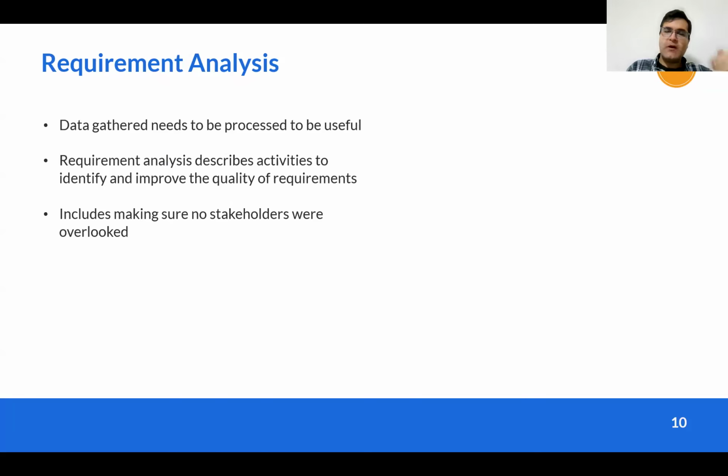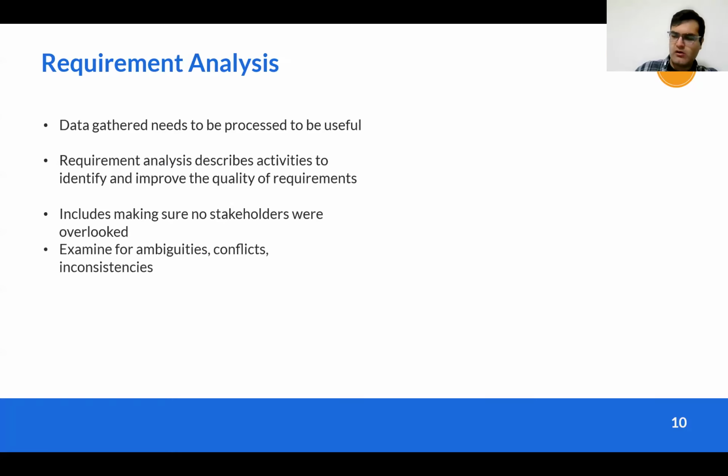Requirement analysis also makes sure that you haven't overlooked any stakeholders, right? You look at all the interviews you conducted, the focus groups, the surveys, and make sure you have as wide a range as possible. It also lets you examine for ambiguities, conflicts, and inconsistencies, right?